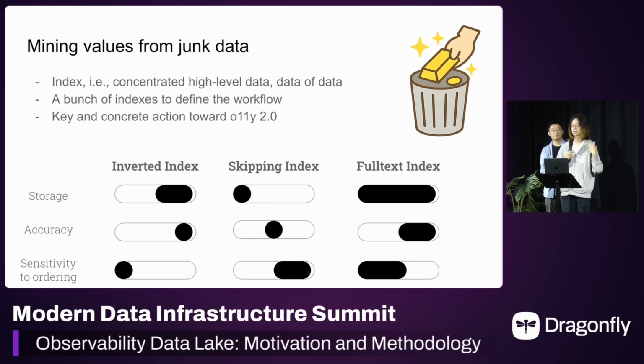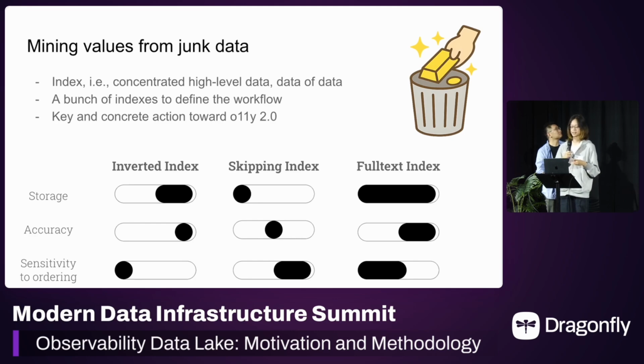For example, the three most common indexes in GreptimeDB are the inverted index, the skipping index, and the full text index. From the names, you can figure out they are meant for different data and different user scenarios. The inverted index is highly accurate, but it comes with a high cost when the time series or the combination of your labels goes high.